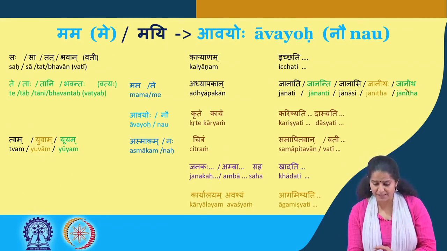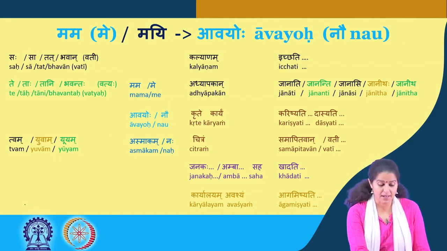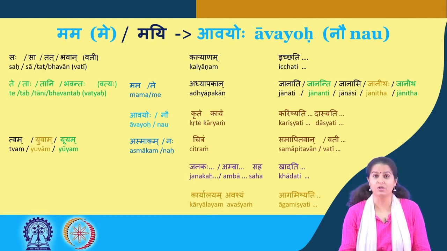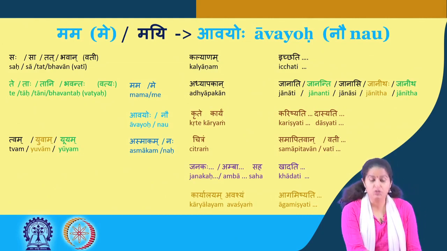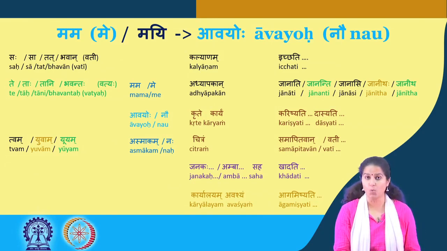Alright. Here you can see this whole part is in brown because they go together. So, saha mama krite karyam karishyati or dasyati. In the dual it is saha avayoho or now krite karyam karishyati or dasyati.